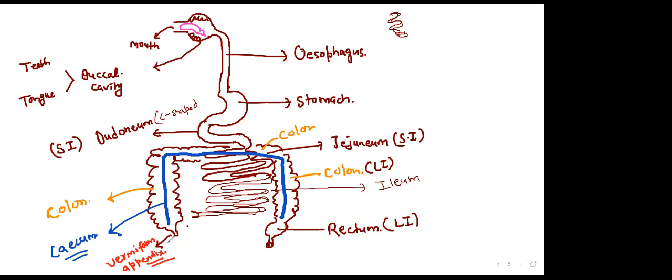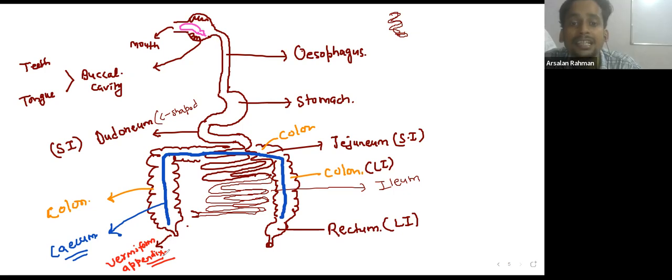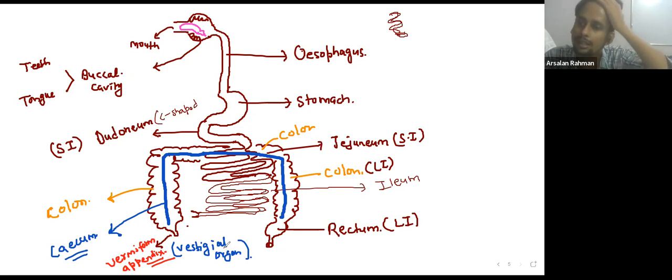It will. So the vermiform appendix is a vestigial organ. I will teach you about vestigial organs in the evolution chapter. Vestigial organ means this organ used to help us in digestion in previous eras, in our forefathers, our great ancestors, for example Adivasi, what we call Adivasi in English.